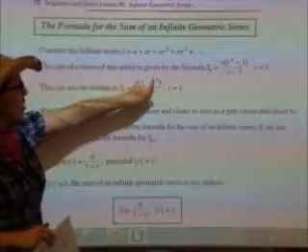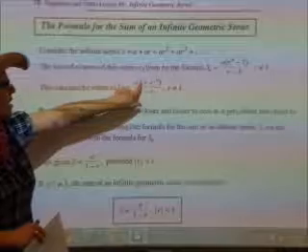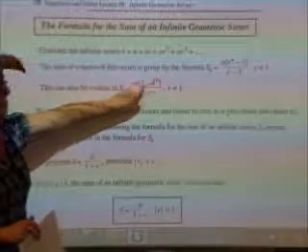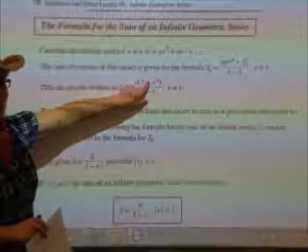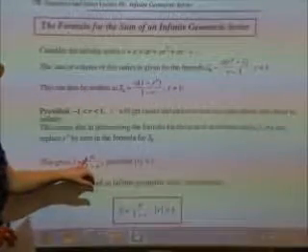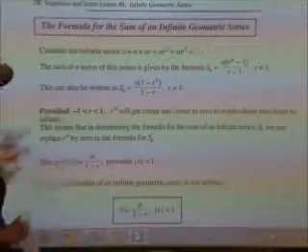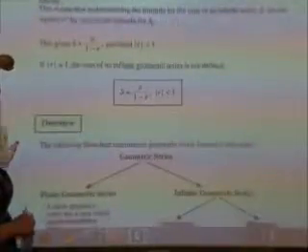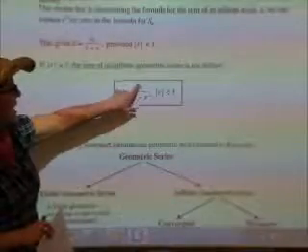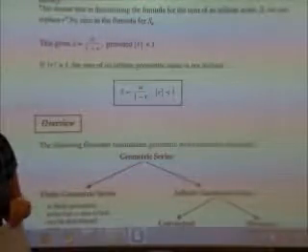So if this equals 0, I get 1 minus 0, which is 1. And when I multiply it by a, I'm left with a. So the sum of an infinite convergent series becomes a divided by 1 minus r.